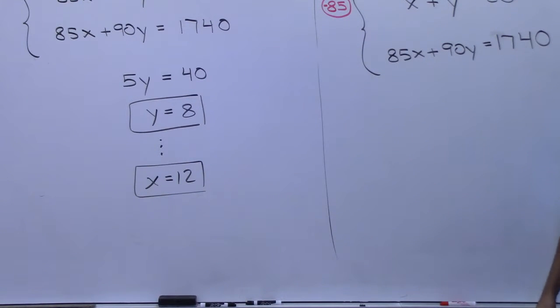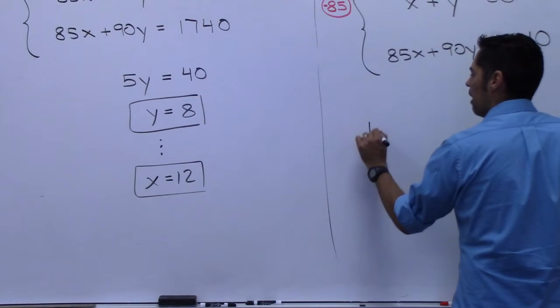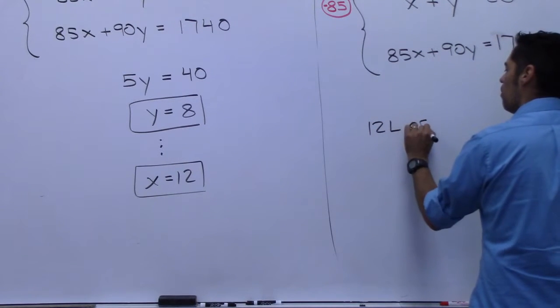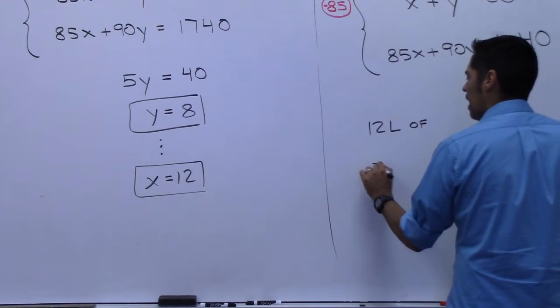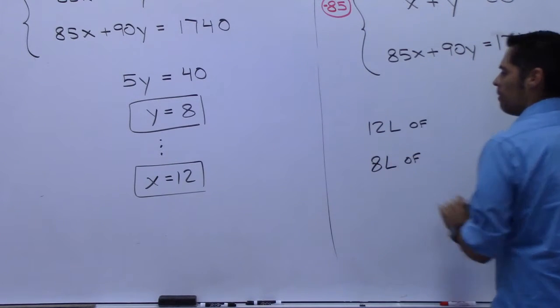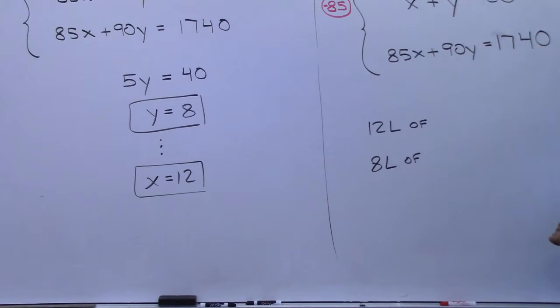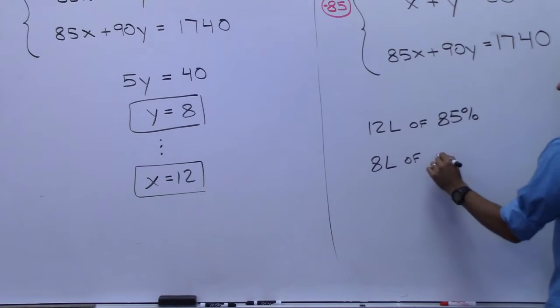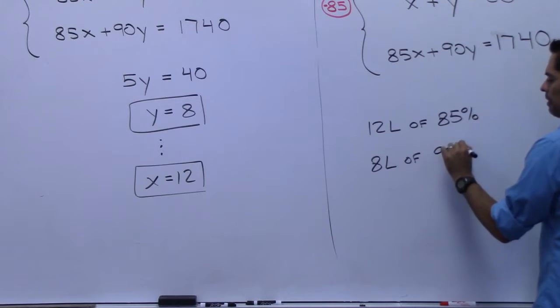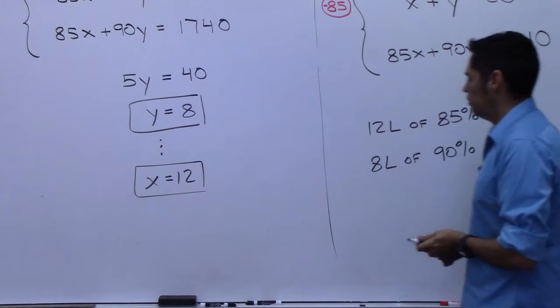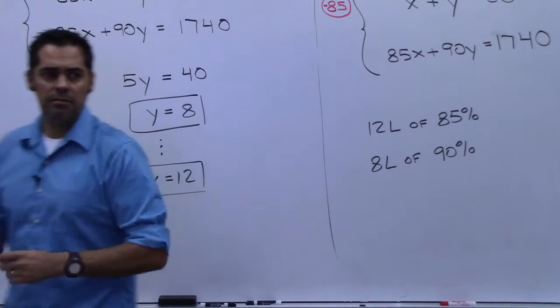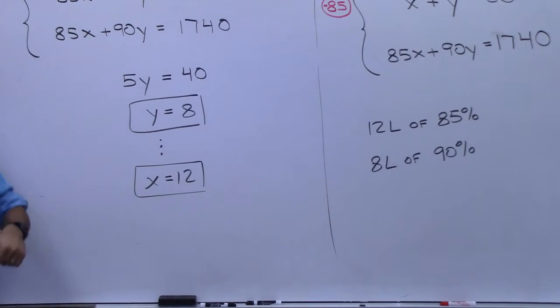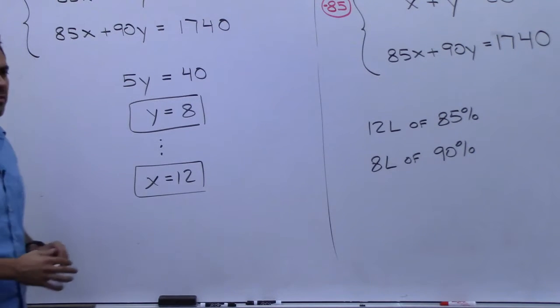So the answer to the problem is that I'm going to have 12 liters of what and 8 liters of what? 12 of the 85% and 8 liters of the 90%. If I mix those together, swirl it up, I'll have 20 liters of 87% mixture.